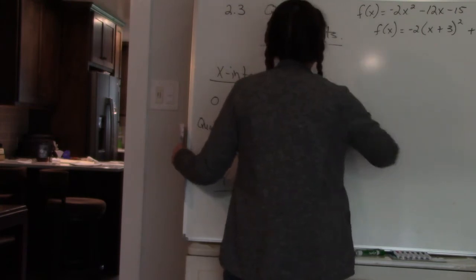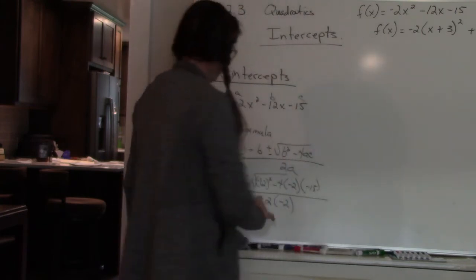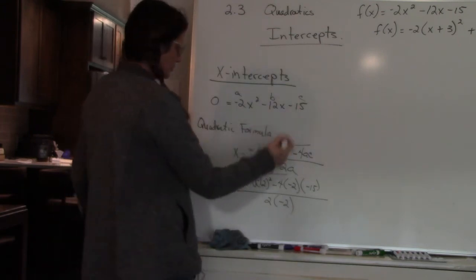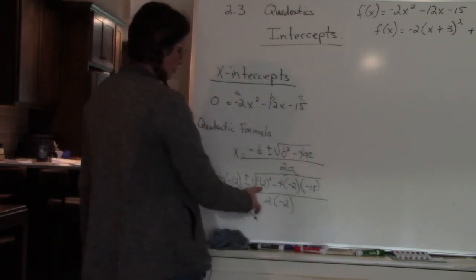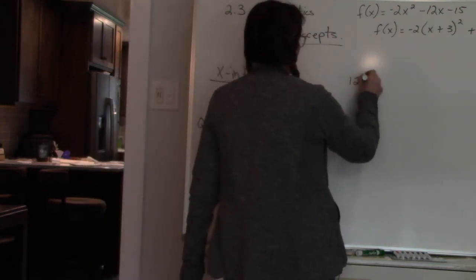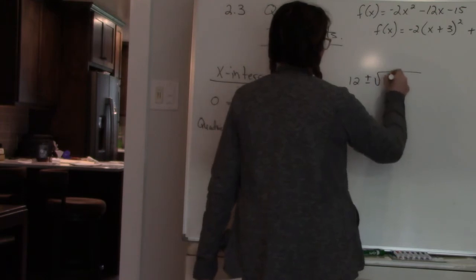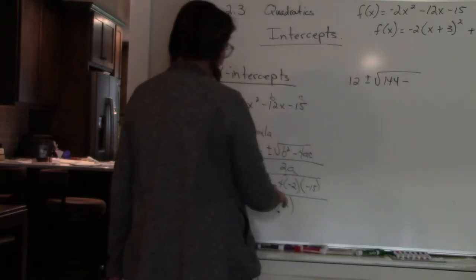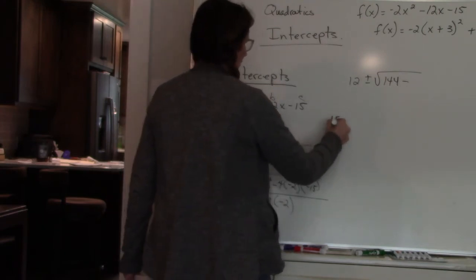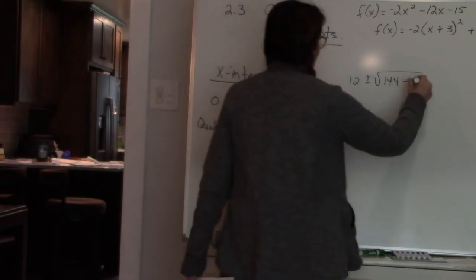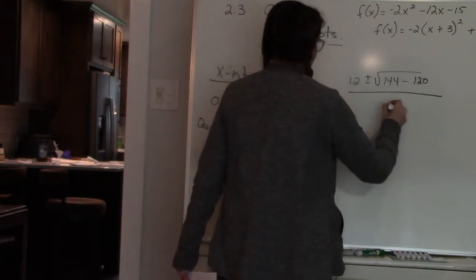We'll get back to that, so I have more room. Now we're just simplifying it. Do underneath the radical first. So negative 12 squared is 144. And we have a negative 12, which is a positive 12. And we have negative 4 times negative 2 is 8. 8 times 15, I don't have my calculator with me, is 120. All over negative 4.